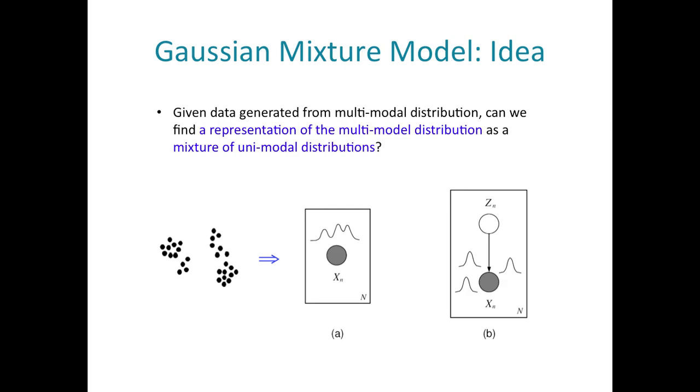Again, the underlying assumption is that we have multiple Gaussian distributions that can explain our data. We try to identify those Gaussian distributions, and then we assign points to each of those distributions, and those are going to be our clusters.